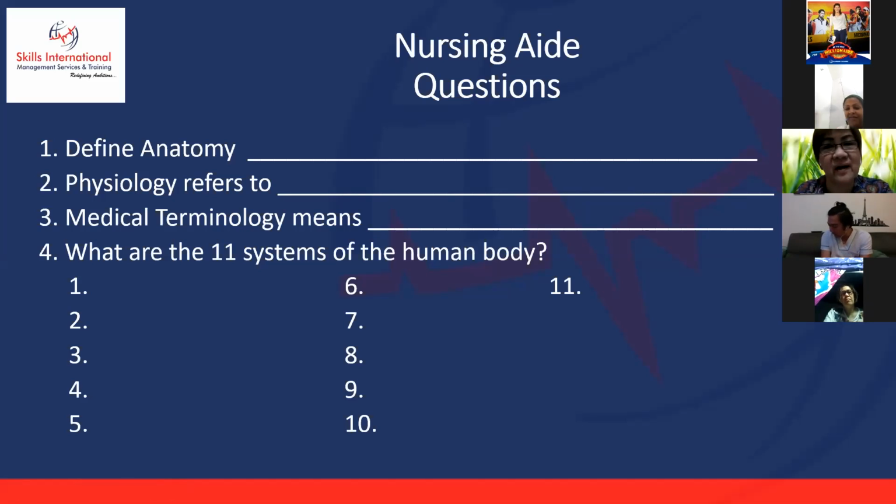So remember, all of you, anatomy is about the structure. It's the study of the structure of the human body. Everybody got it? Yes. Okay. What about physiology? Physiology refers to what? Joy. Function.